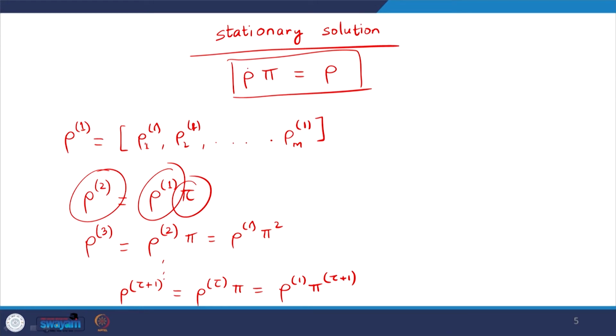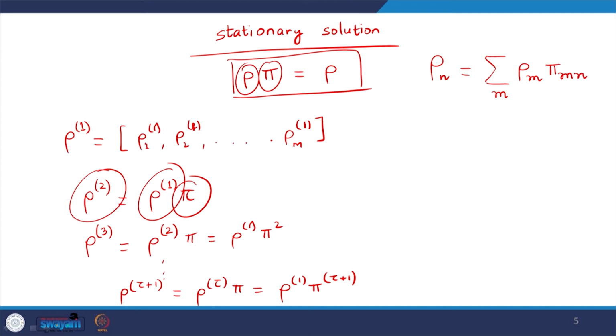So, rho, keep in mind, is a vector and pi is a matrix. So, we can write this as something like the nth element of rho is equal to the sum over m of rho m pi mn. Okay.